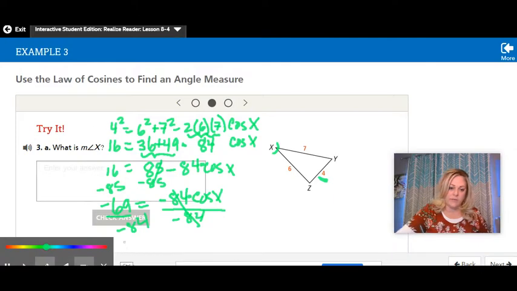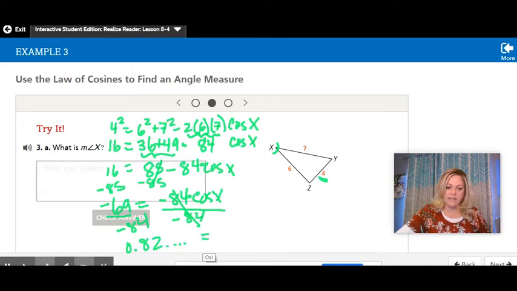And when you do that, when you divide, you get a positive 0.82, yada, yada, yada. That's cosine x. Remember, I'm leaving this in the calculator. I know I keep saying that, but that's how important it is. And I have the cosine x ratio is 0.82-ish. Okay, that is not the angle.